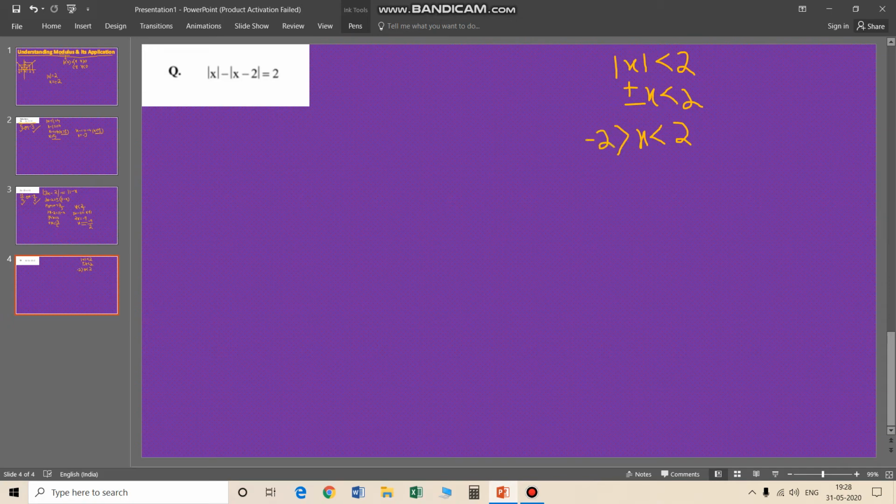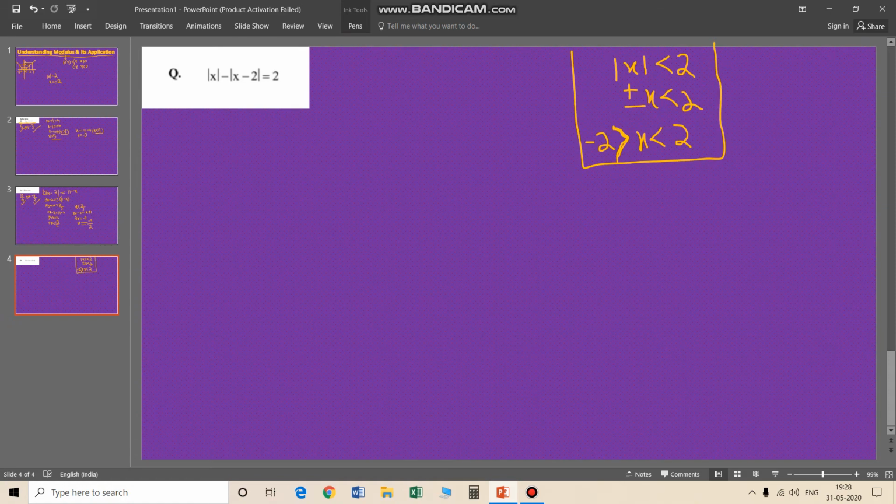On giving minus there, we will only change this sign. This is a separate thing, not used in this question. This question is talking only about modulus equations, not inequations. This is the trick we need to follow while solving so-called modulus inequations.